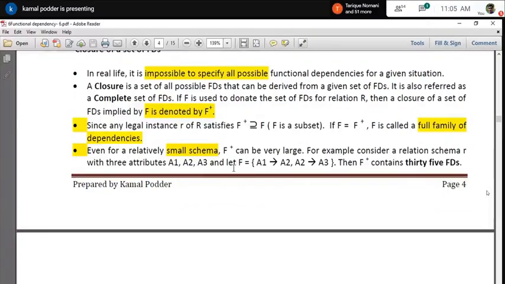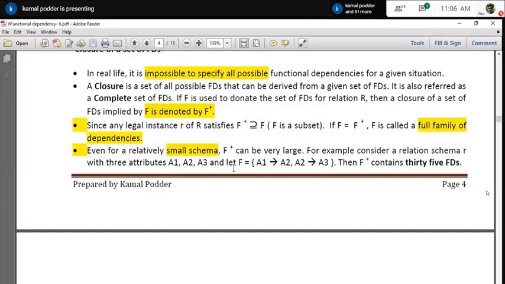It is also referred to as a complete set of FDs. Say suppose initially you are given these 2 FDs, and I find the closure of the FDs, that means all possible FDs that can be derived from those 2 FDs. Then we can say it is a complete FD set for that particular relation.